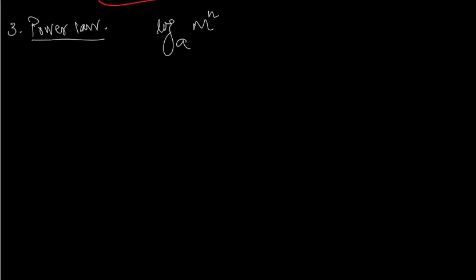Third property. Third law is the power law. What does it say? It says that log of m raised to n to the base a can become n multiplied by log of m to the base a.